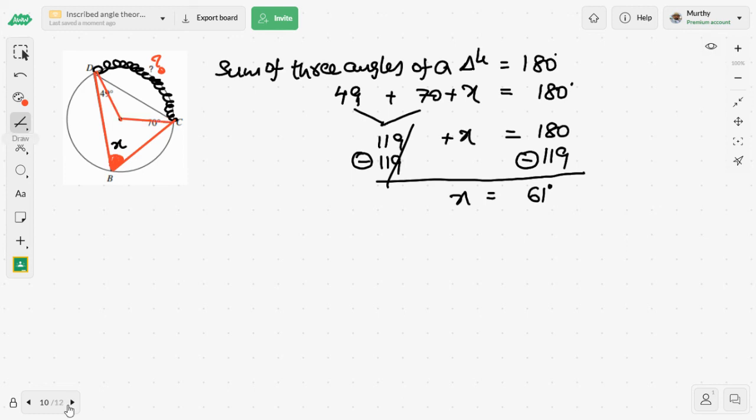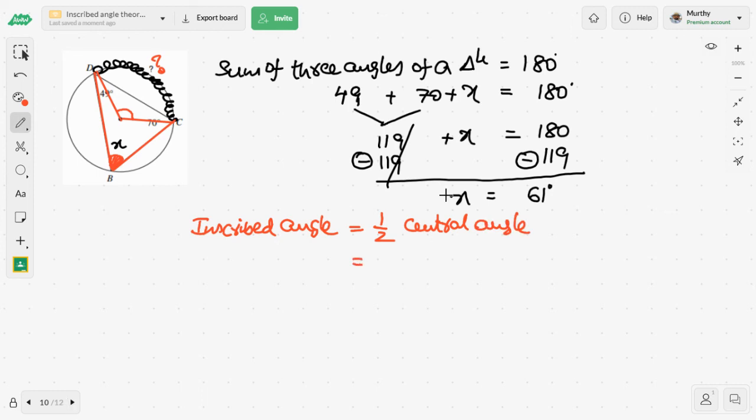You know that the central angle is double the inscribed angle, or if you want, you may write the entire formula this way: inscribed angle equals half of the central angle. Just plug in these values.